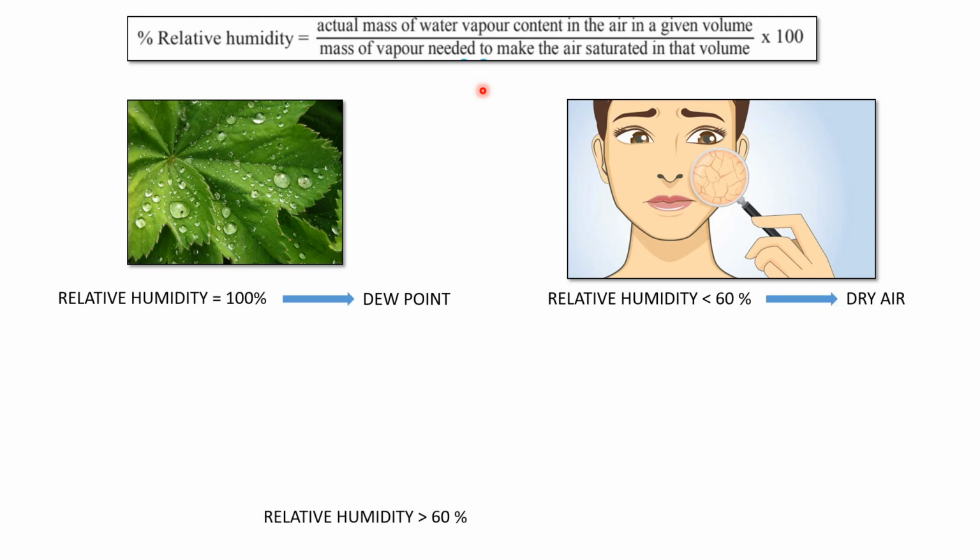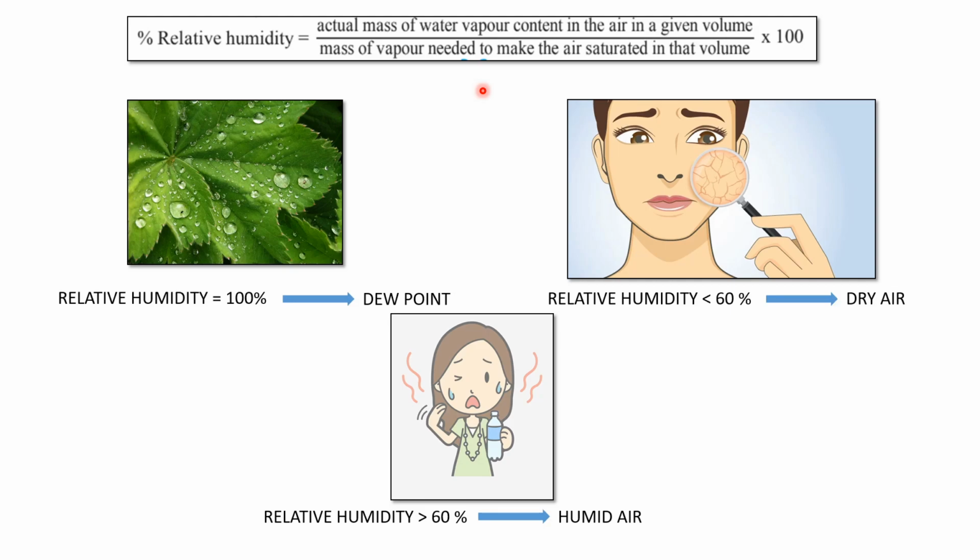If the relative humidity is more than 60%, you feel that the air is humid and you normally sweat, which is seen in summer, as you must be feeling right now.